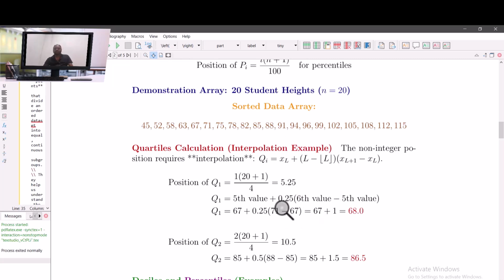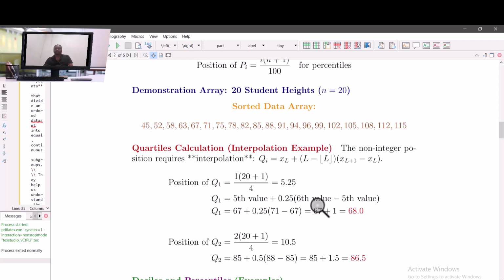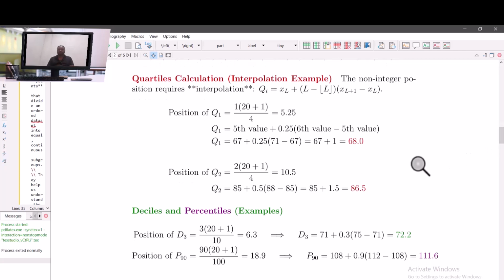We multiply this fraction 0.25 by the discrepancy of the values at the sixth value and the fifth value. When we take the product, we add it to the fifth value, then we obtain the quartile value. This is the value for the first quartile.